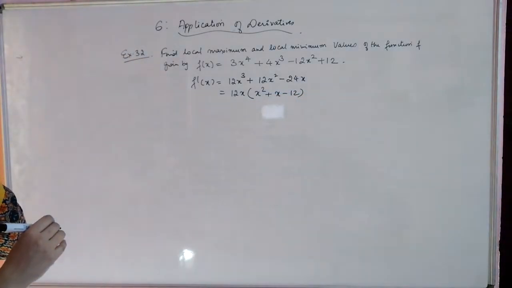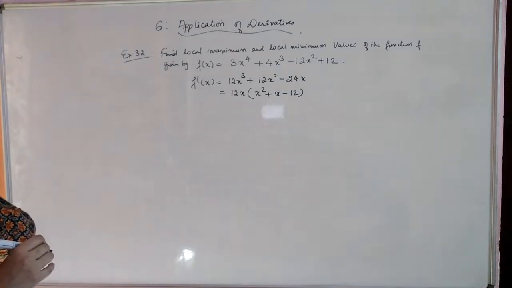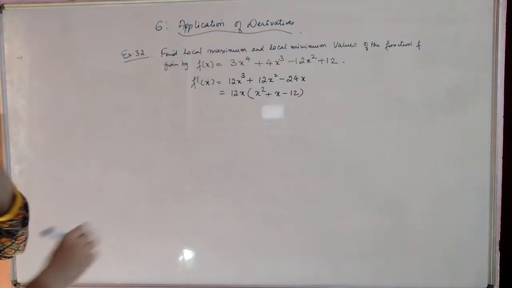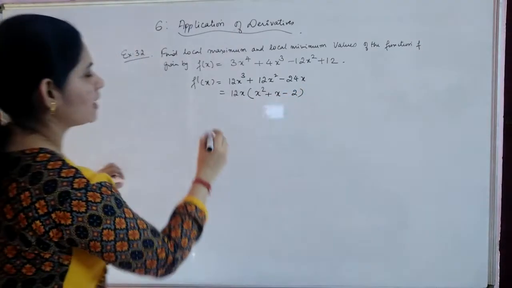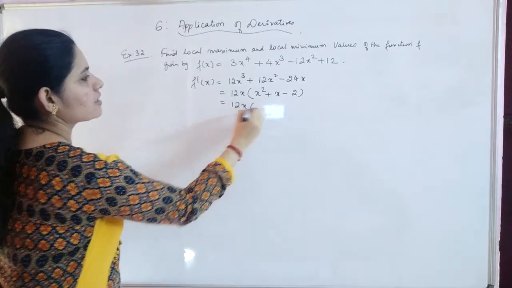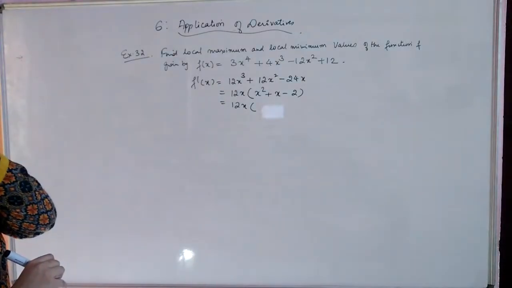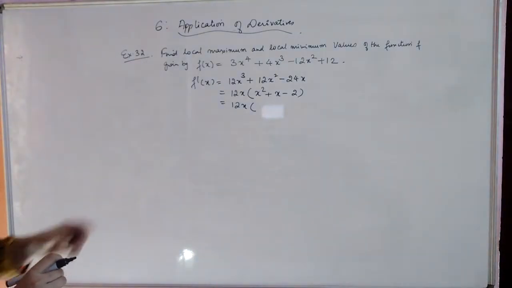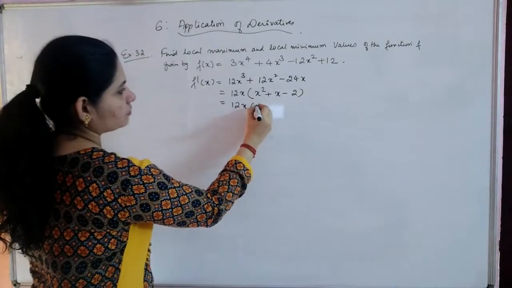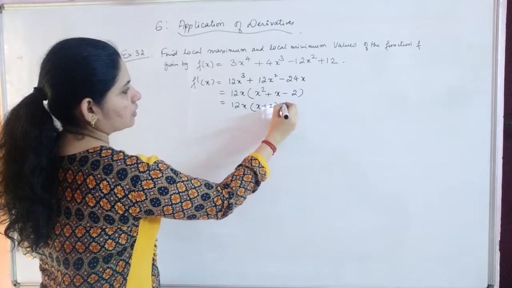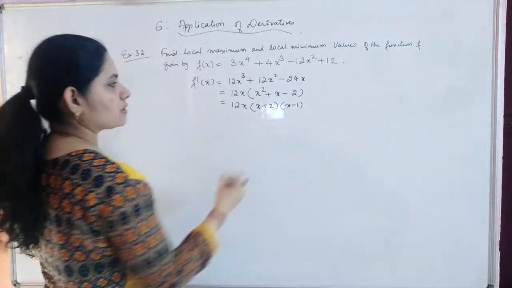Now x square plus x minus 2 can be written as x plus 2 into x minus 1.